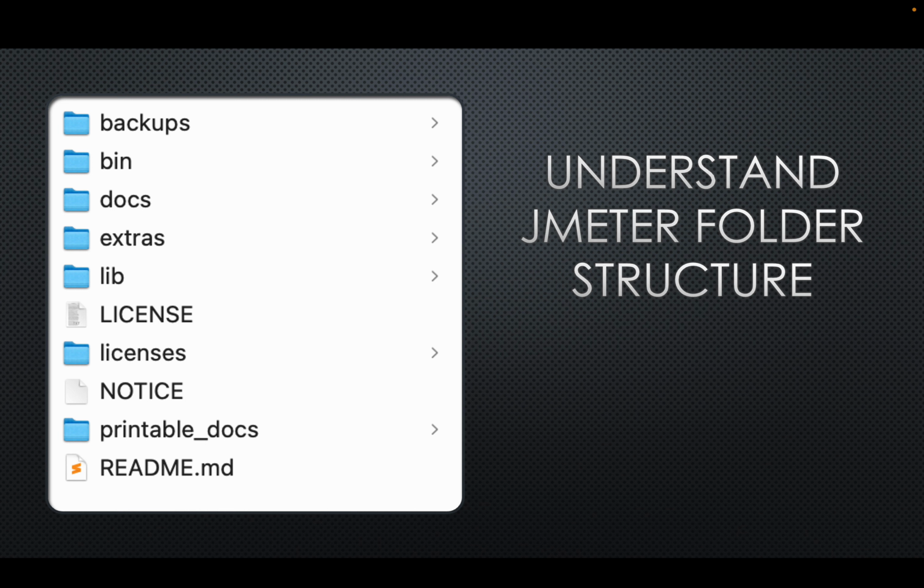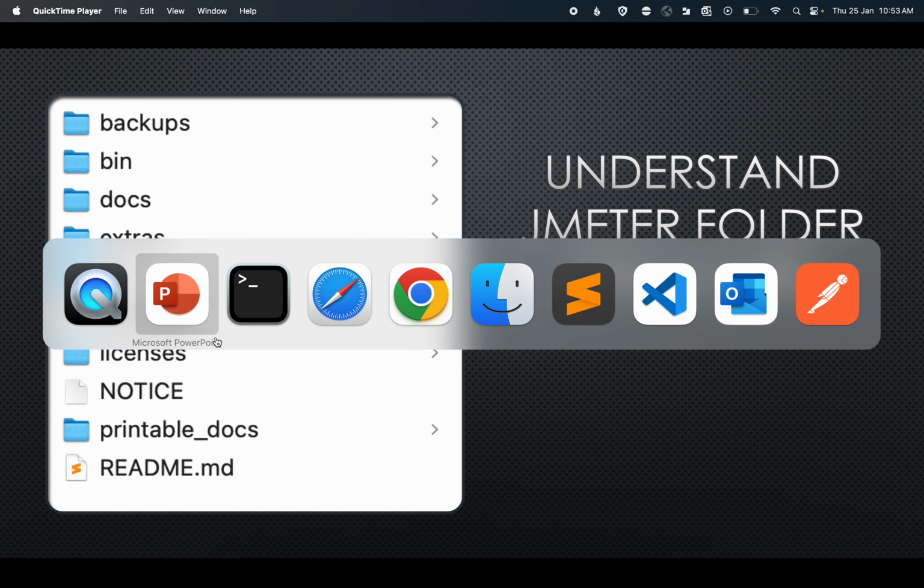Notice is also from JMeter. Then the printable docs, demo docs, tutorials, and other PDF material are found here. I will show you in JMeter exactly how these things look.